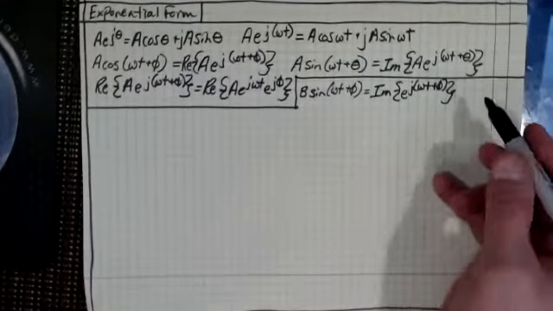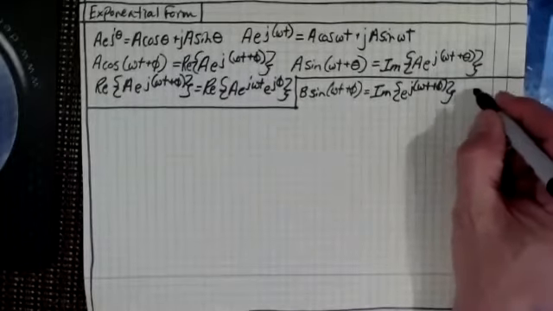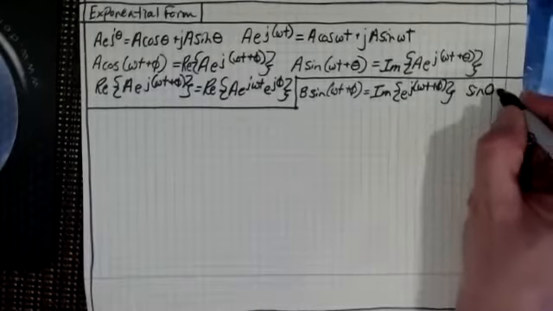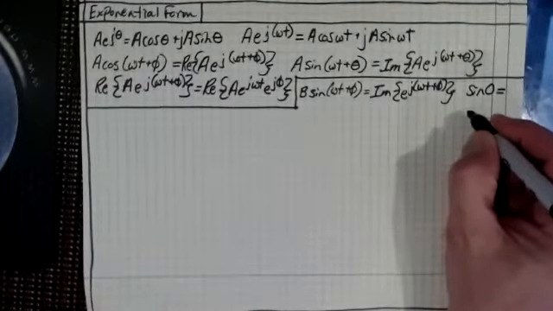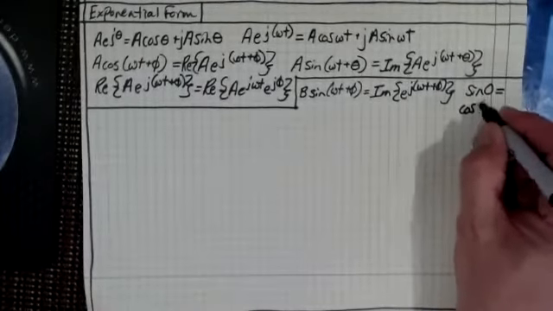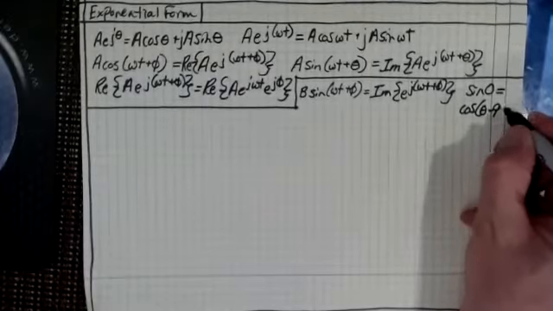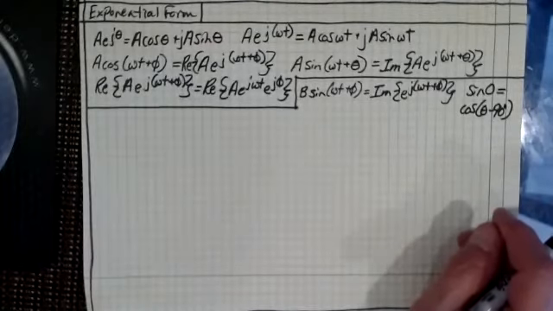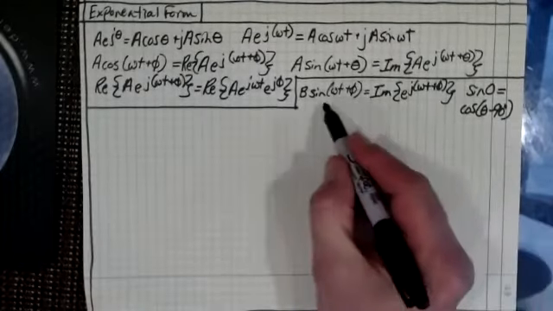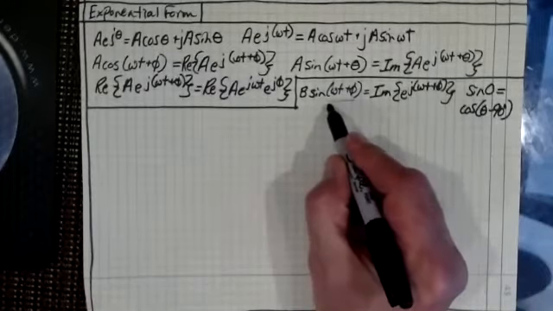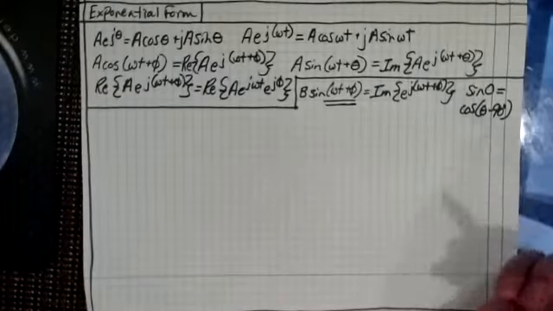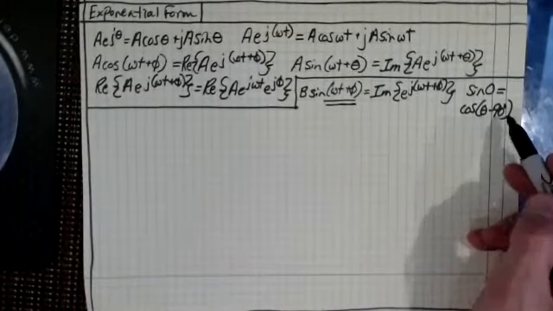Well, we use this identity, and that is that the sine of theta equals the cosine of theta minus 90 degrees. Okay? So the sine of theta equals the cosine of theta minus 90.